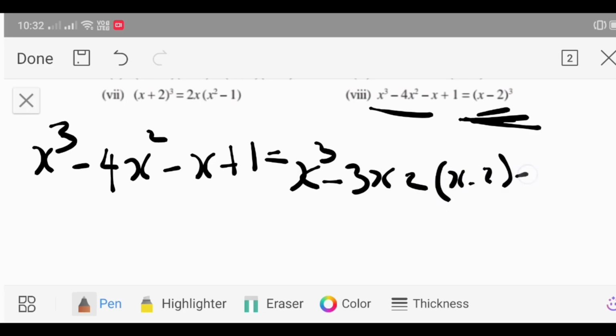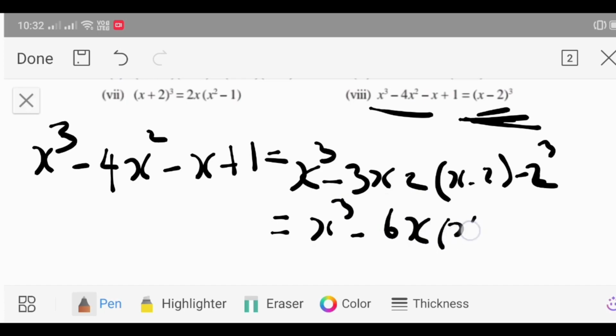Now minus b cube is minus 2 cube. The left side is the same. In the right side, x cube minus 3 into x into 2 becomes 6x into (x minus 2), and 2 cube is 8.